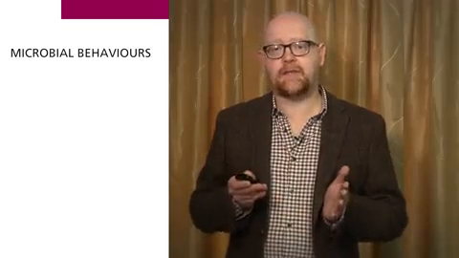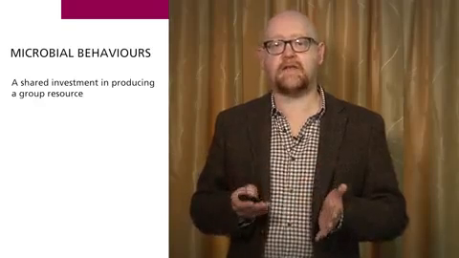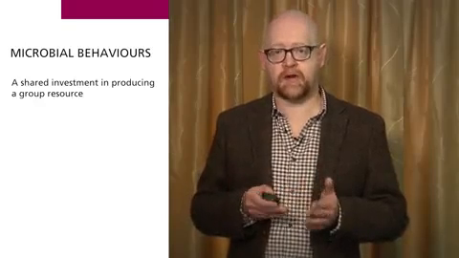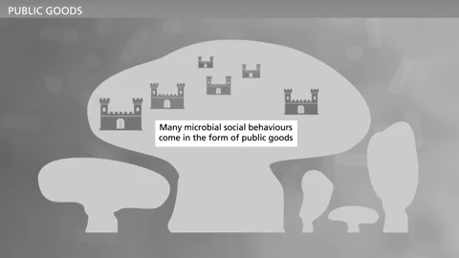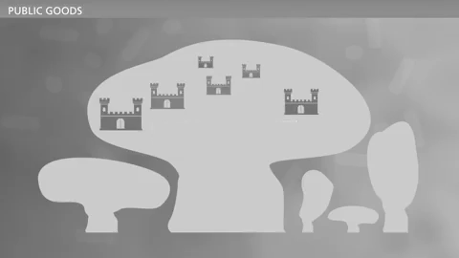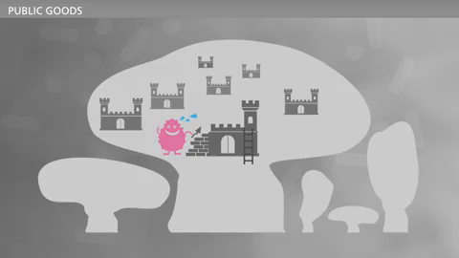What are microbial social behaviours? Microbial behaviours might seem simpler than those that have been described in higher organisms, but they share a fundamental similar property, and that is a shared investment in producing a group resource. Many microbial social behaviours come in the form of public goods, which are released into the surrounding environment and are costly for individual cells to make, but provide a benefit for all the other individuals in the population.